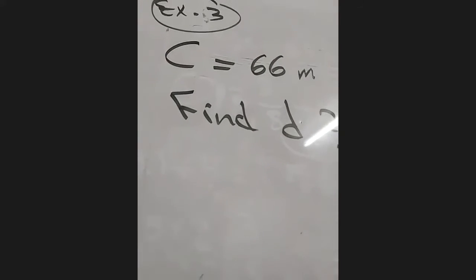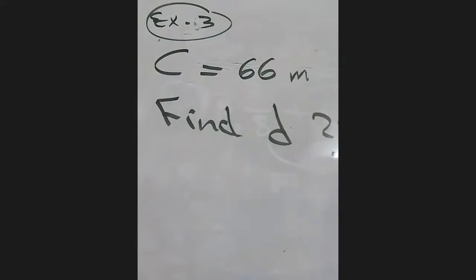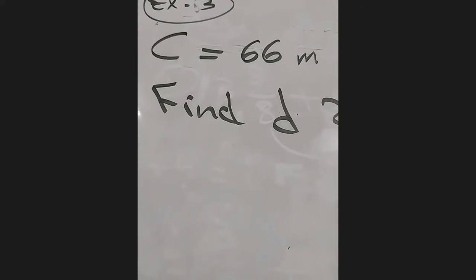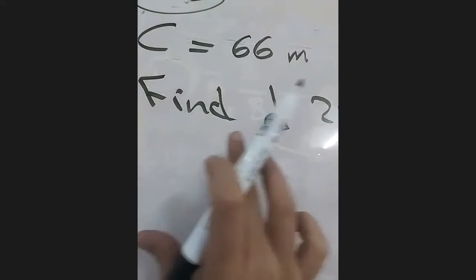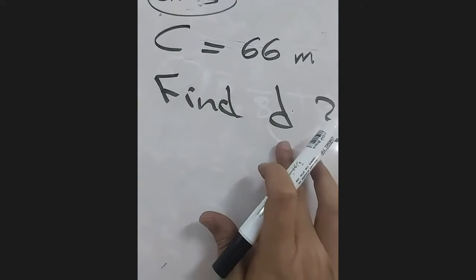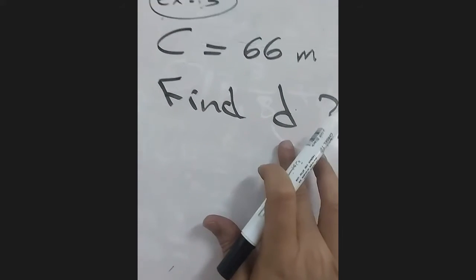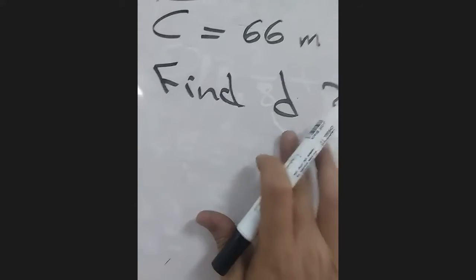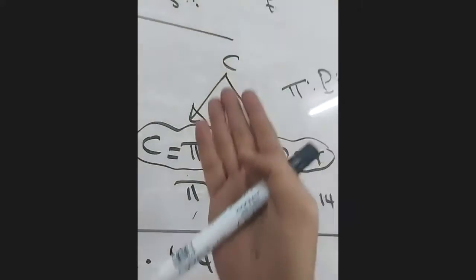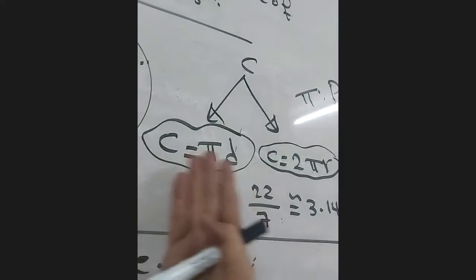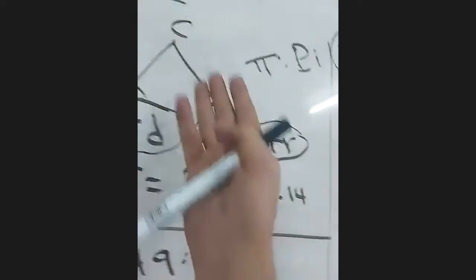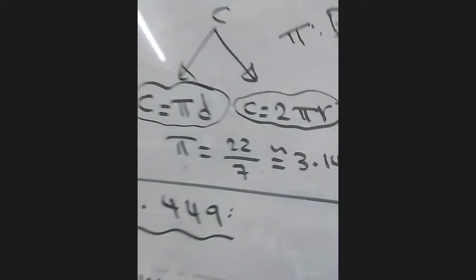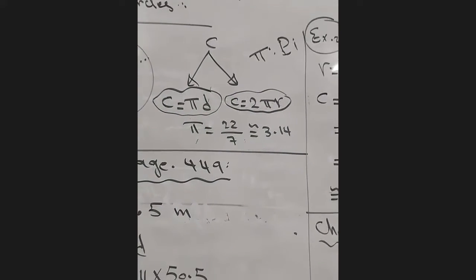It's easy. The circumference is given. The wanted is what? D. What's this? Diameter. So what will we use? The formula which has the diameter and circumference, or the formula which has radius and circumference? Diameter and circumference.